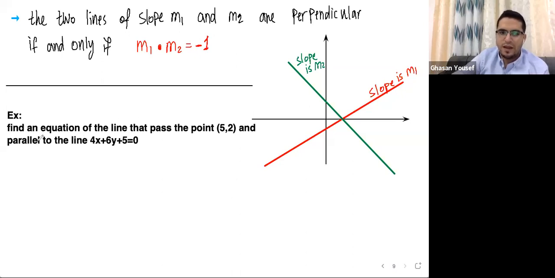They told me I have another parallel line, and the equation of the parallel line is 4x plus 6y plus 5 equals 0. This means I have to look for the slope from the parallel line. The slope of the parallel line is the same as the slope of the line I'm looking for. So now, how can I find the slope of the parallel line?